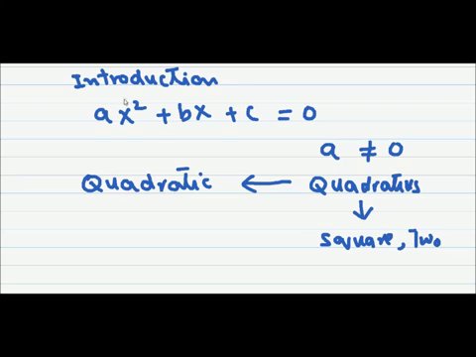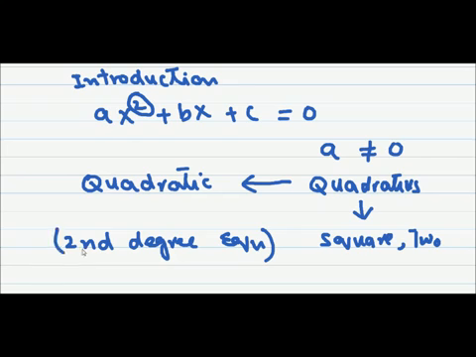The maximum power of variable in quadratic equation is 2. And we know that the maximum power of variable in any equation is called the degree of that equation. So the degree of quadratic equation is 2. Thus all the second degree equations are called quadratic equations.